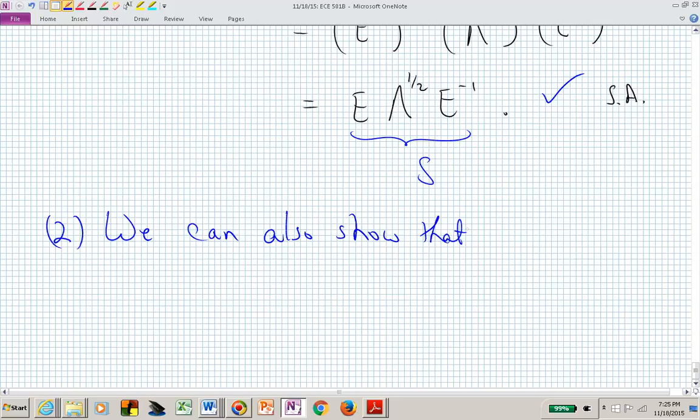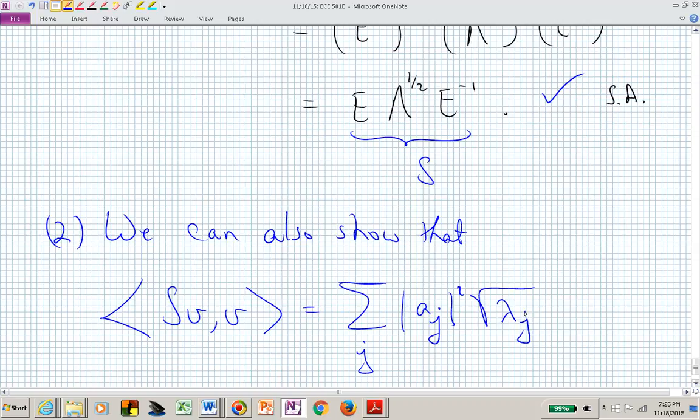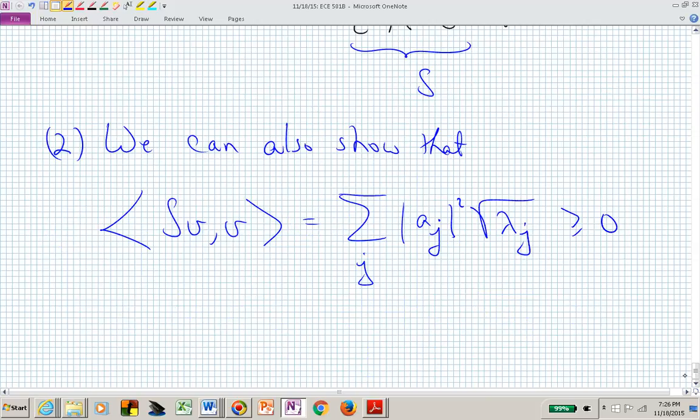So let's just say we can also show that the inner product of the square root S that we've created operating on V, inner product with V, is in fact equal to this sum over J of the magnitude of A sub J squared times the square root of lambda sub J, and that was the positive square root, and the absolute value of A sub J is obviously non-negative, and that sum then is non-negative. So we want to show that is true.